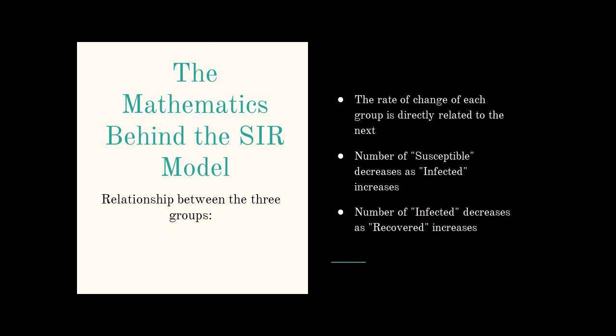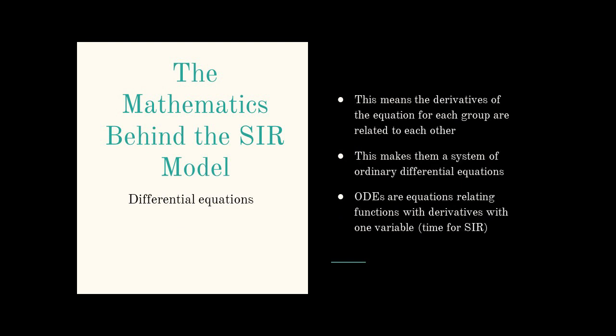Similarly, the number of infected people decreases as the number of recovered people increases. This means the derivatives of the equation representing each group are related to each other. This makes them a system of ordinary differential equations because an ordinary differential equation is one that includes derivatives and functions of one variable, in this case time.